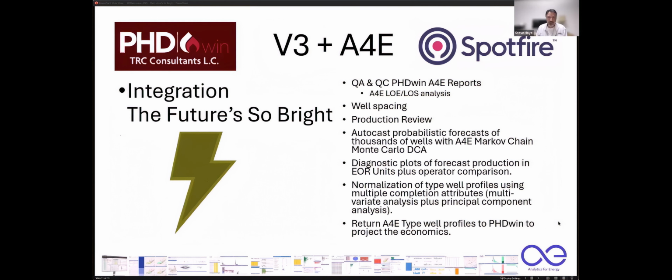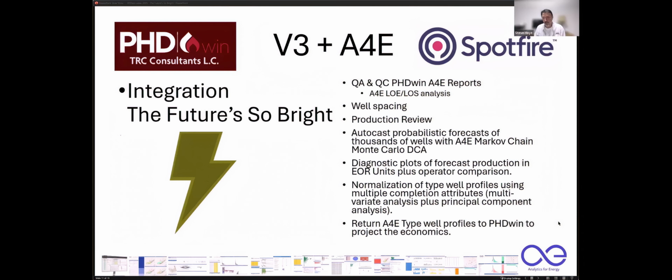In the exercise we did, I hope you can see that by using the A4E tool to quickly select and evaluate, forecast wells, generate type well profiles, that the power there in the speed and the sophistication of the analysis also allowed us then to generate wells which went back into PHDwin.